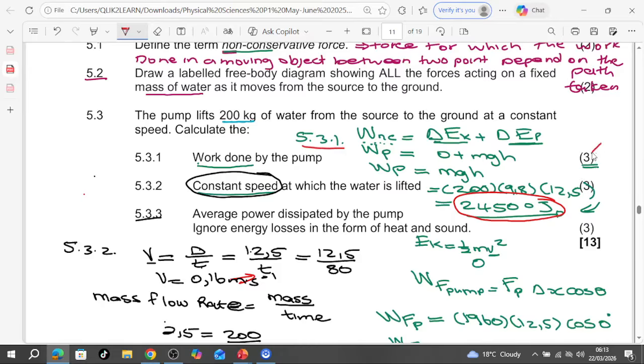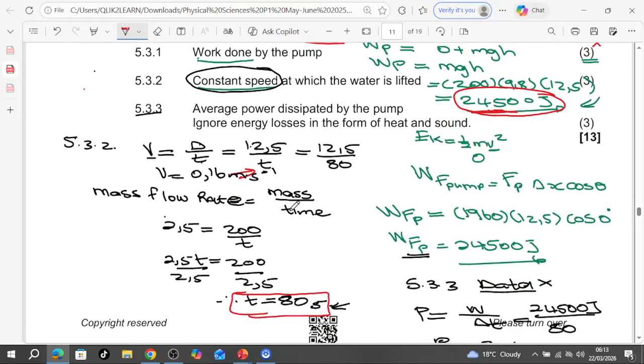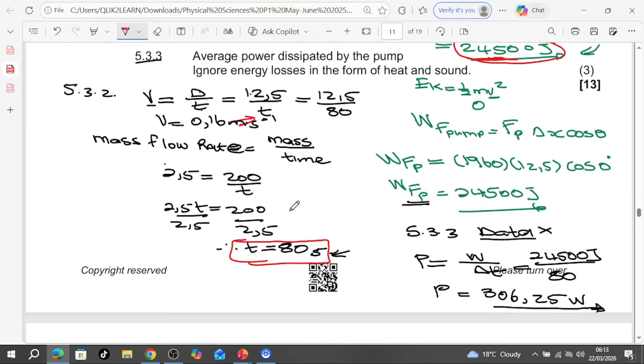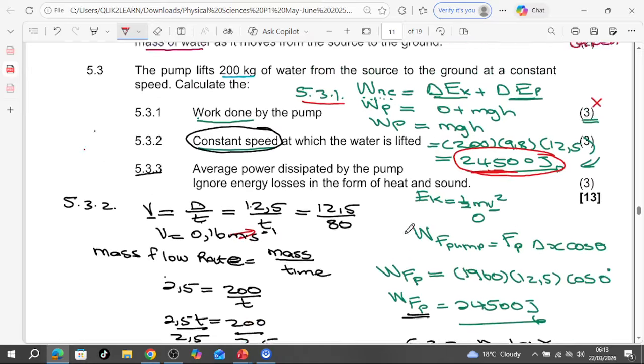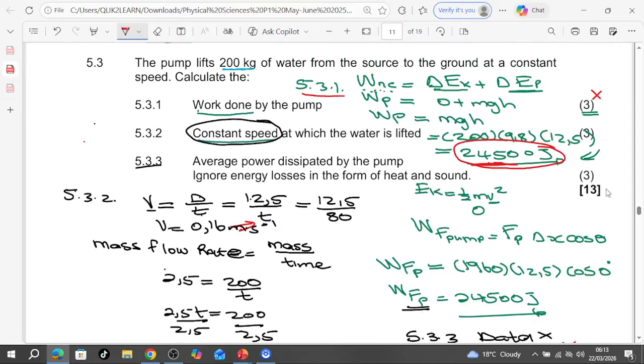We lose these marks, and then how will this affect our next questions? Let's see. This will affect 3.3 because we're going to do a wrong substitution. Then when we do a wrong substitution, what happens? Another 3 marks gone.